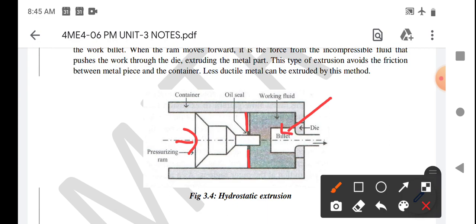Only the billet is in contact with the die, not with the container and not with the ram. When force is applied by the ram on the liquid or working fluid, the billet moves forward, and in this process the friction between the metal piece and the container is negligible.